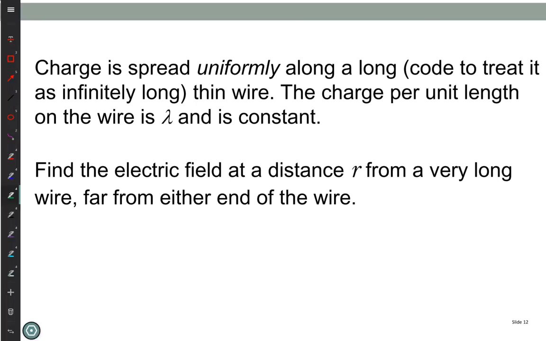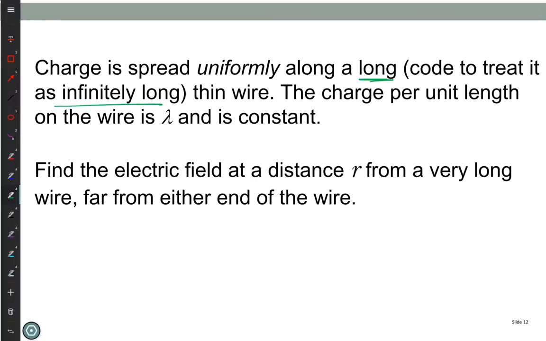But a long, thin wire means both ends of the wire are much farther from you than your distance from the wire. If the two ends are like 100 times farther, then it's a good approximation to treat it as infinite. So long is just code for treat it as if it's infinitely long.